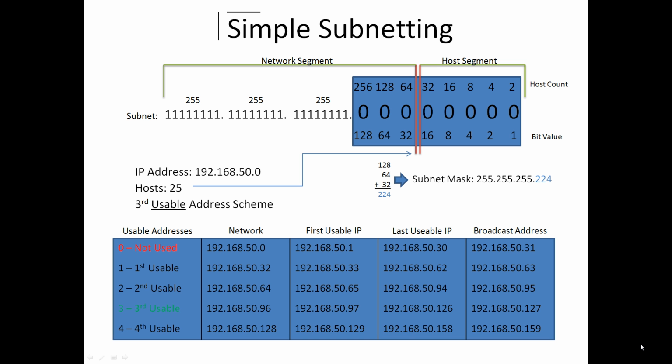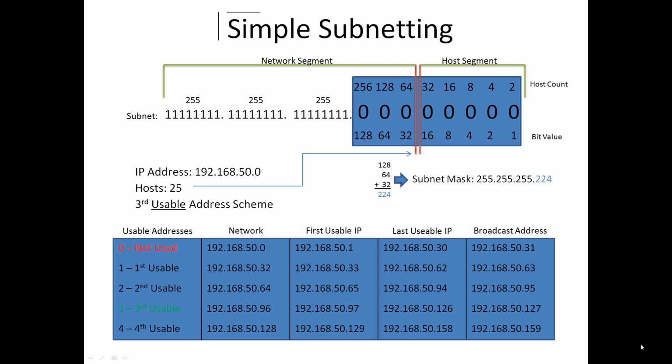So let's move down to line 2, 1-first usable, 192.168.50.32. That is the next IP in the list. So that moves you down to your second network first usable. The first usable IP address in that one is 192.168.50.33. Now, you know that it was 31 host segments maximum per usable address scheme.